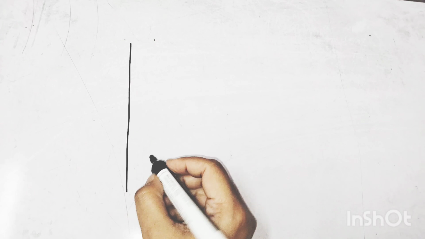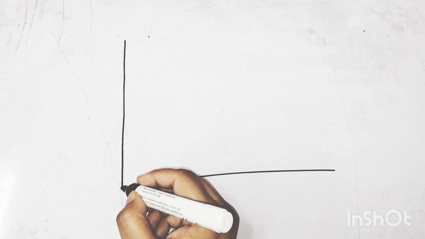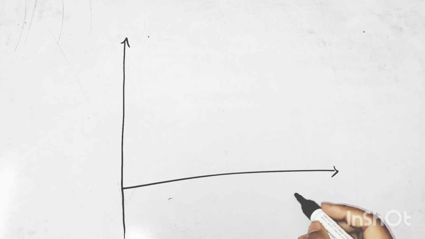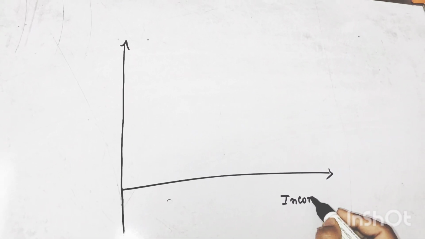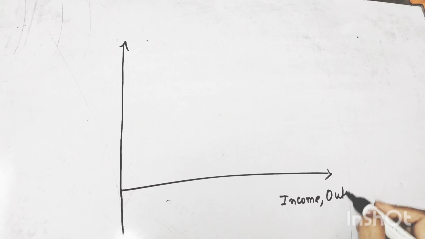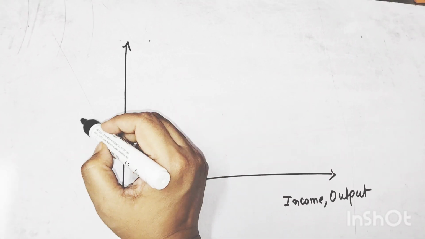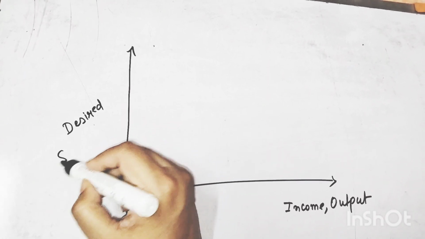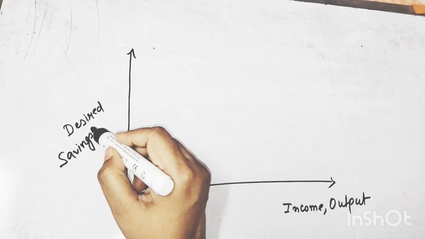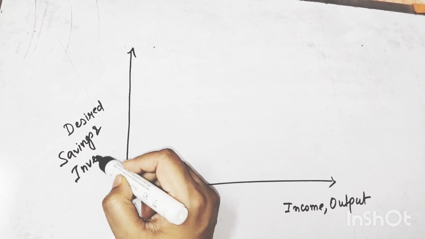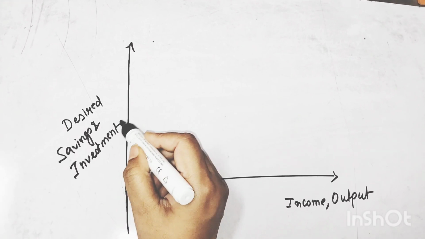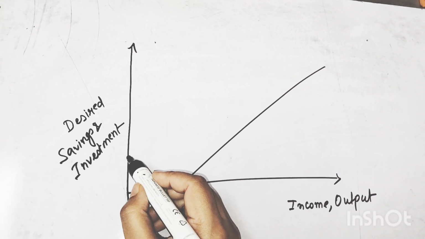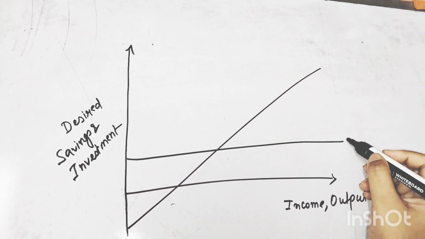So we are drawing this x-axis and y-axis. Here we are measuring the income and output, and on the y-axis we are measuring the desired savings and investment. This is the saving curve and this is the investment curve.